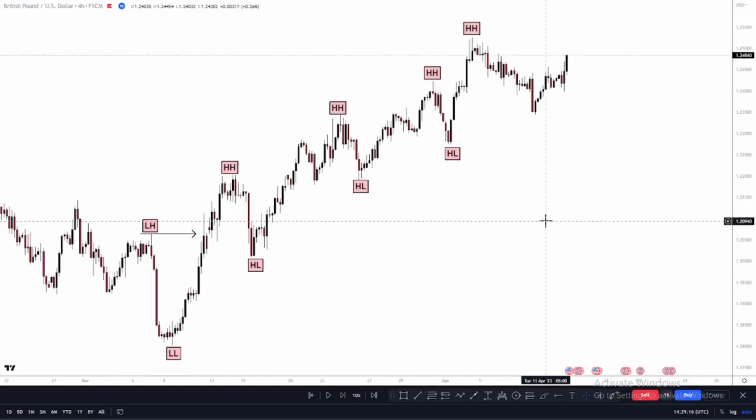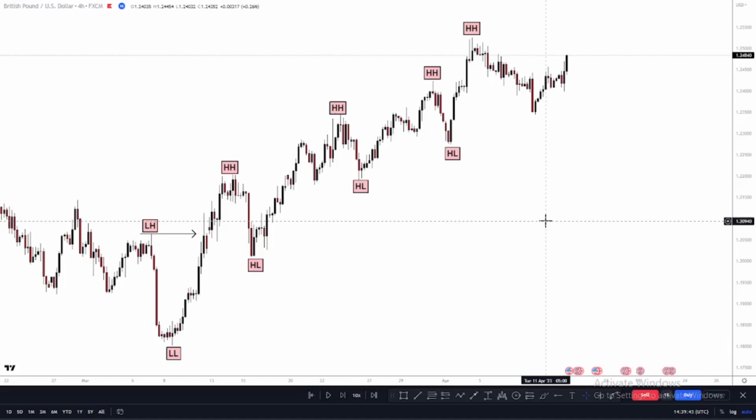Alright, so GBP USD, or Great Britain Pound United States dollar, we're on the H4 time frame, right? If you ask anybody who has zero knowledge about forex what trend we are in by looking at the chart, automatically they are going to say we're in an uptrend. Why?